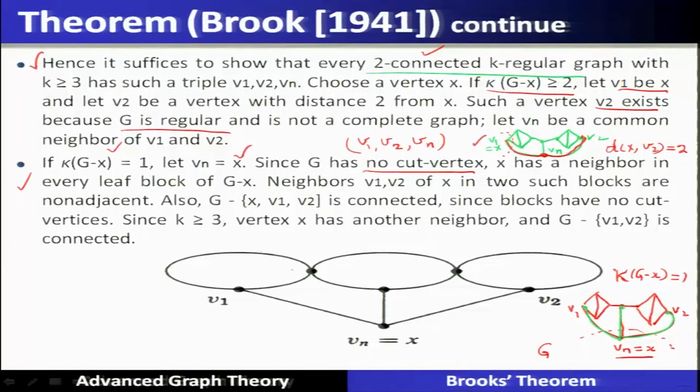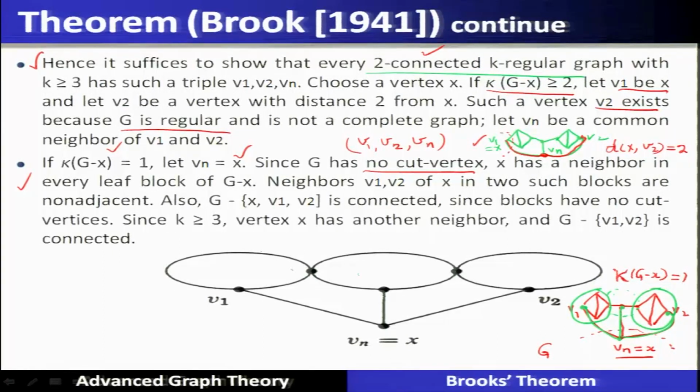So, there are 3 leaf blocks of G minus x. The neighbors V1 and V2 of x in 2 such blocks are non-adjacent, so for this particular block, they are non-adjacent, that means there exists another such block.